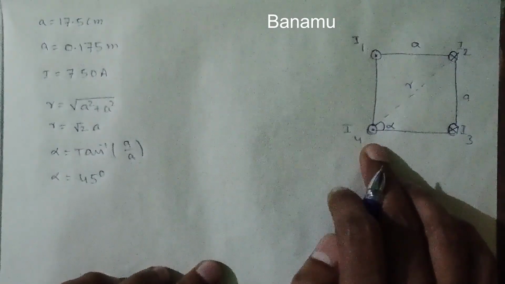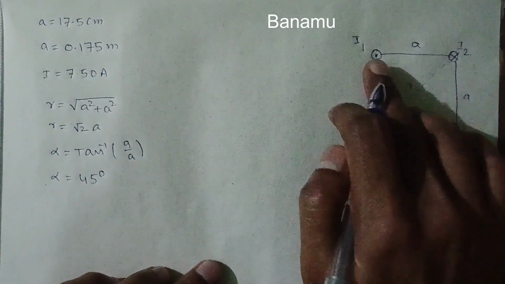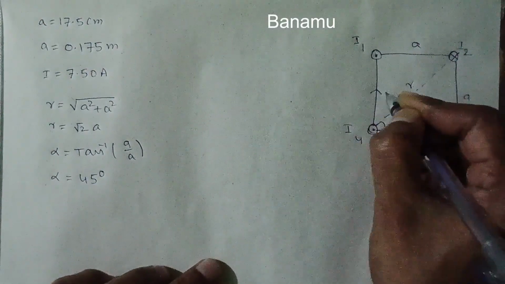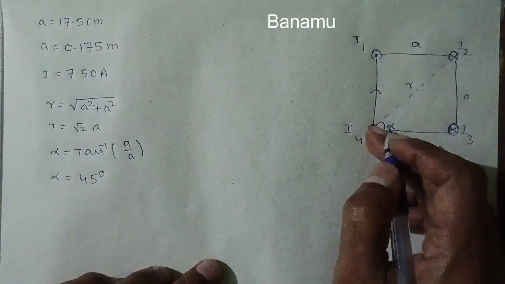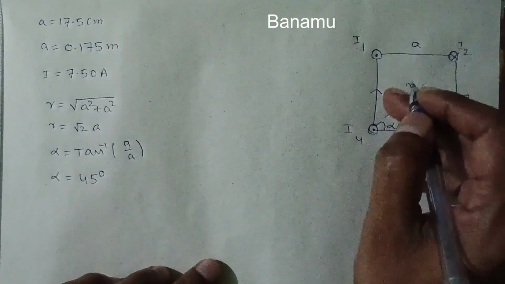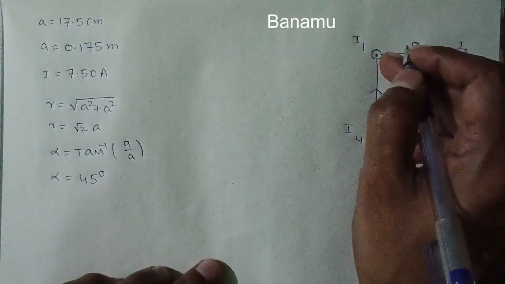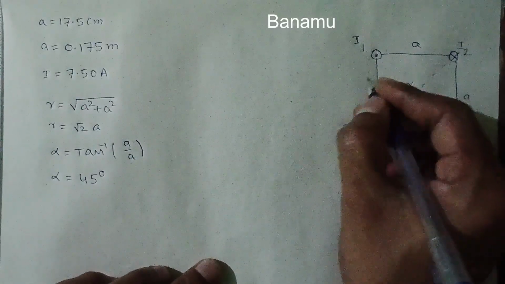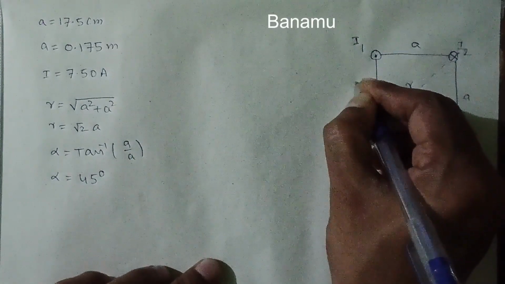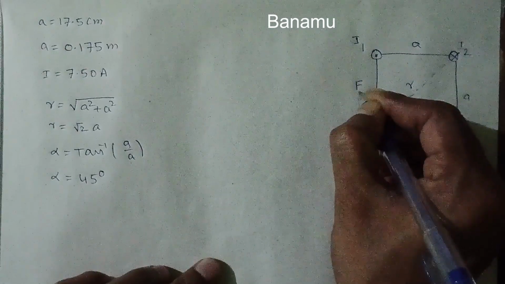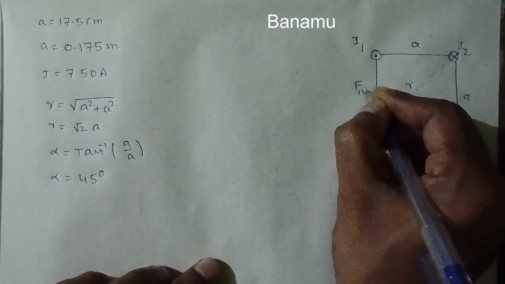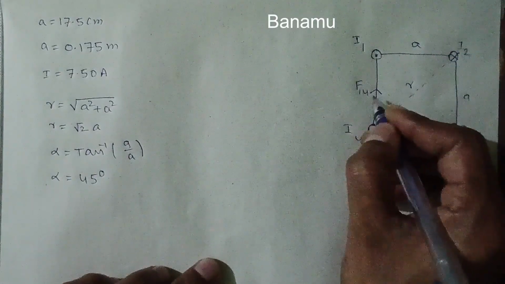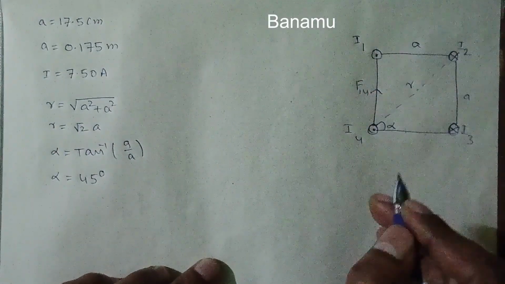So the magnetic force on wire 4 due to wire 1 is directed upwards. The force acting on wire 4 due to wire 1 is F14, and its direction is upwards.